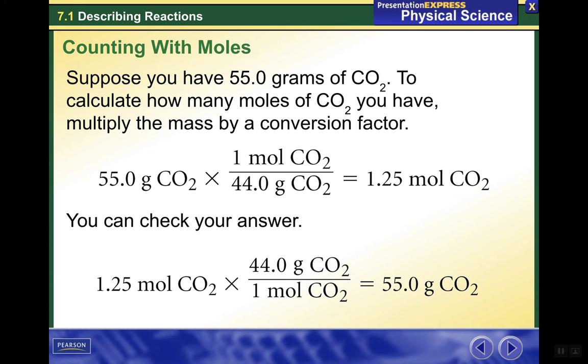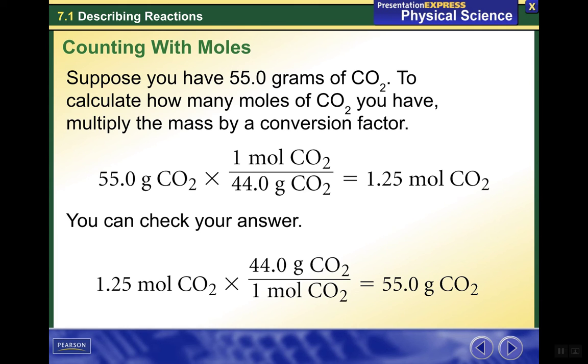So I know 55 grams. I was given 55 grams in the problem. So I want to use the conversion factor that has grams on the bottom. So my choices are 1 mole per 44 grams or 44 grams per mole. And notice on this one, I'm going to choose 1 mole over 44 grams.